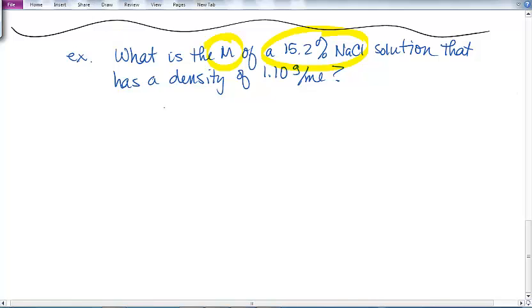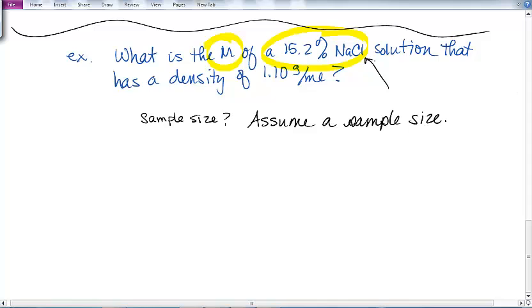So here's the thing. You actually are not given any information about what the size of your sample is, like how much. It's difficult to work numbers if you don't know how much. So the easiest thing to do here is to assume a sample size. And the size of your sample should really be dependent on what you're given.